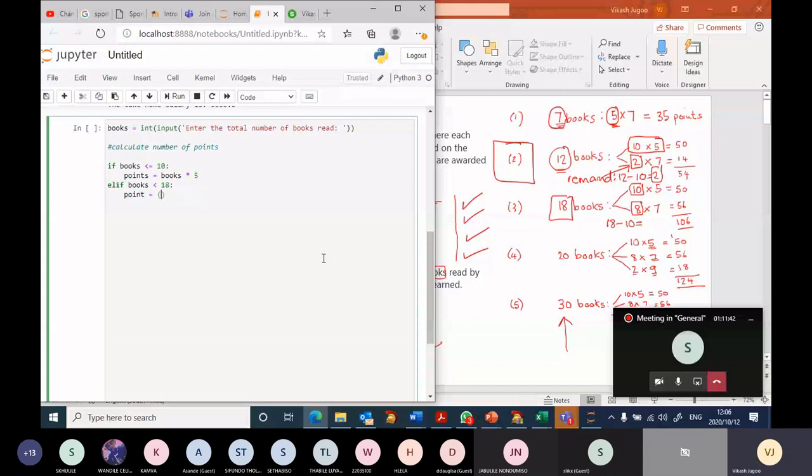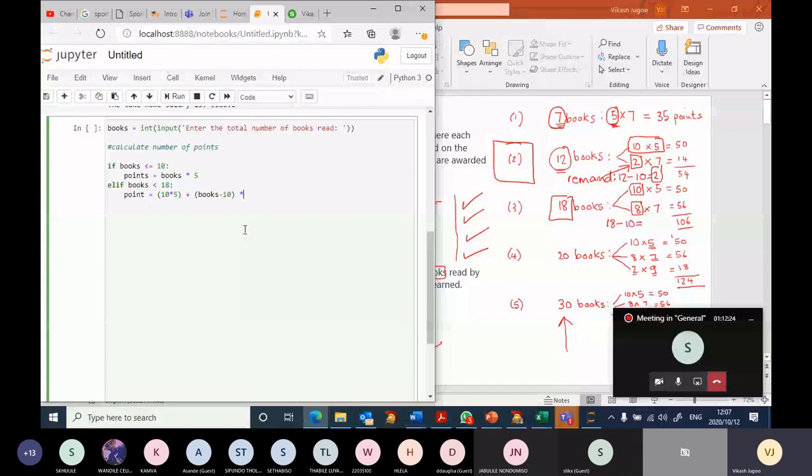The remainder is the total number of books. The total number of books minus the first 10 that I've already calculated over here. Take away that 10. That tells you how many books are left over. And you take that amount and you multiply that by how many points for those books? Those are at 7 points. So you multiply that by 7.